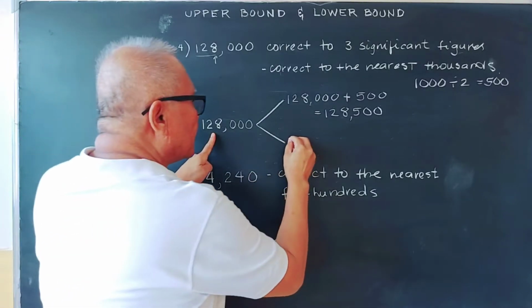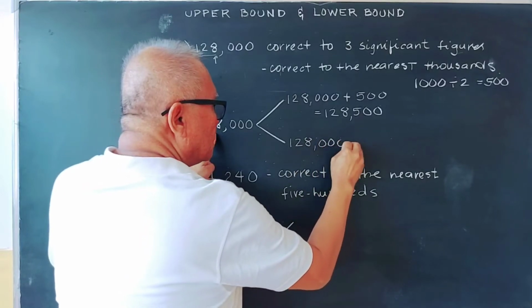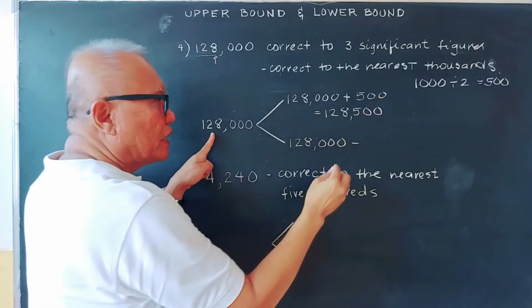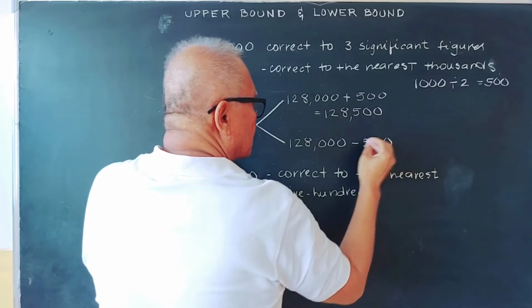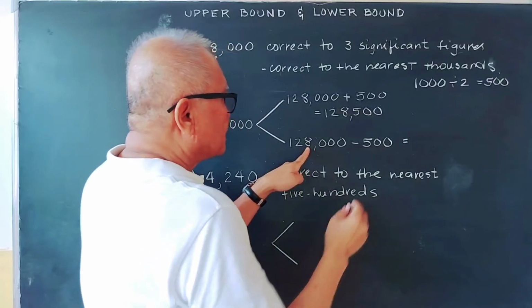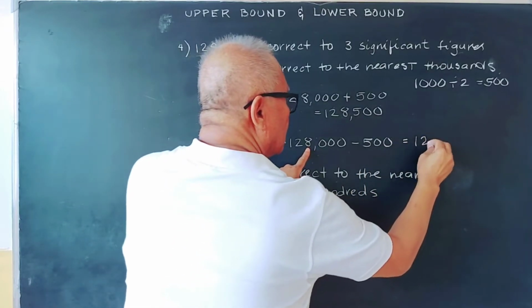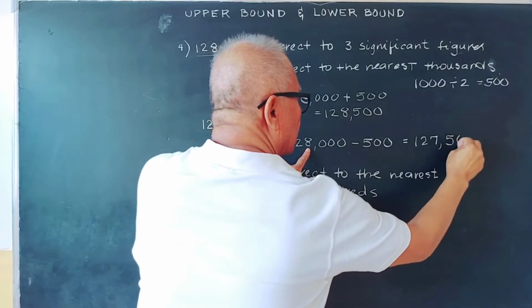And the lower bound is 128,000. We subtract that 500 there. So this one will give us 127,500.